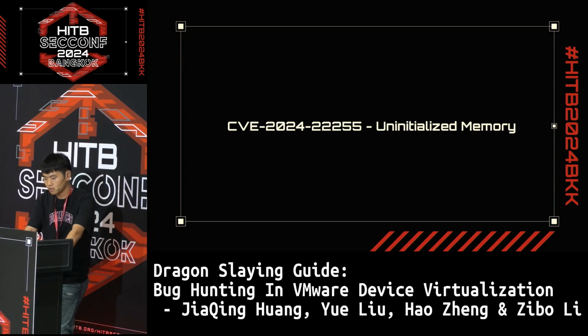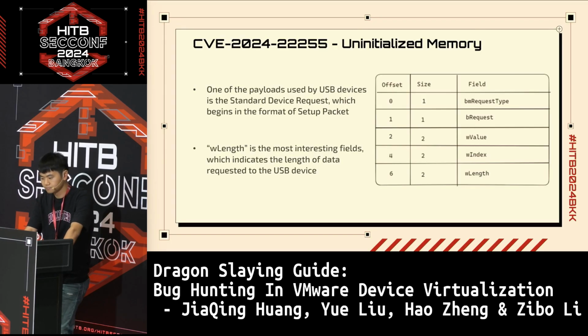The first bug is in the host controller part, and it is an uninitialized memory bug. In the transmission control protocol, USB devices accept multiple types of requests, one of which is the standard device request. The request packet begins in the format of a setup packet, so it will contain 8 bytes at least, and it has a field named wLength, which indicates the length of the subsequent data.